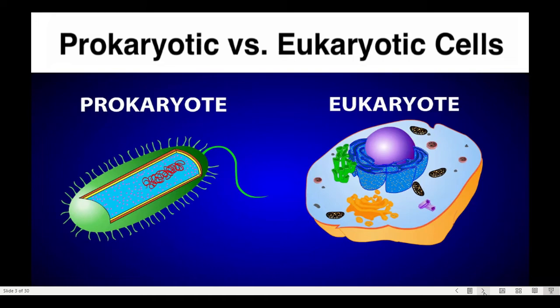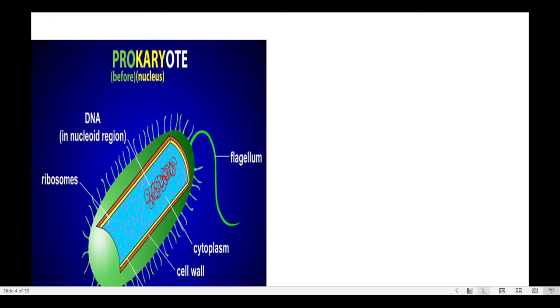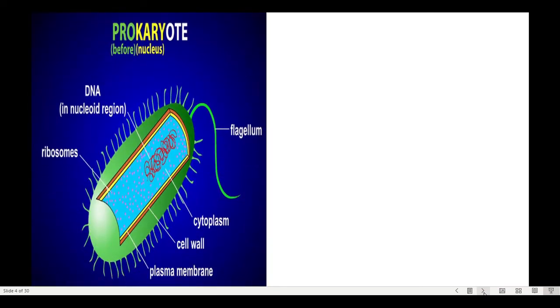So, may true nucleus ang eukaryote. Yung pro, wala. So, kita naman natin sa picture, no? Now, for the prokaryotes, pro means before. Karyo means nucleus. Before the nucleus. So, ganyan yung structure niya. Wala kasi siyang totoong nucleus.